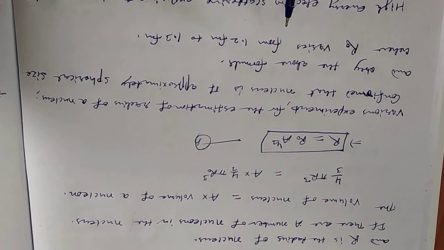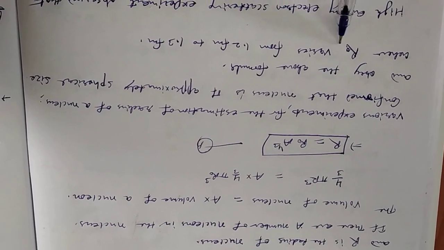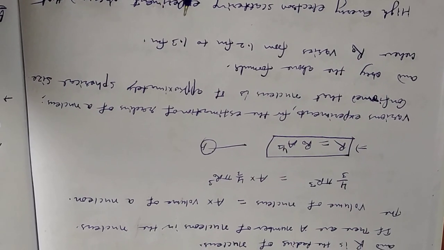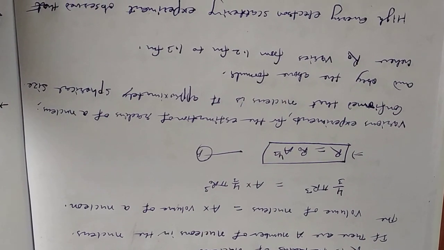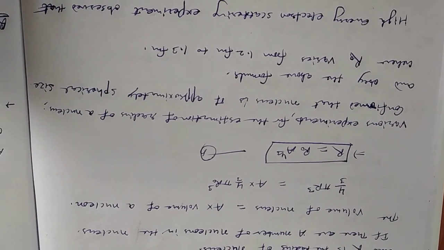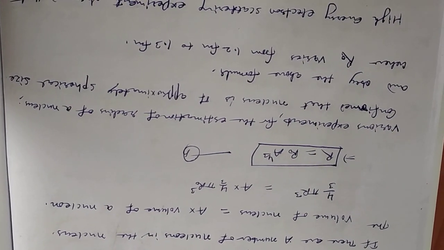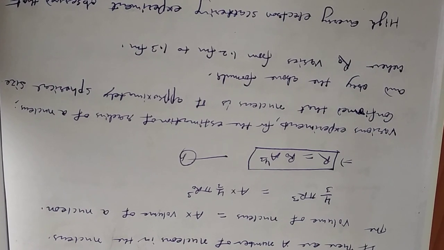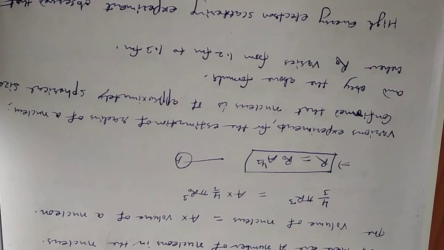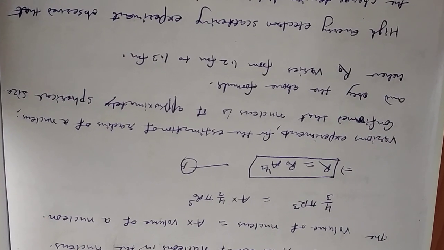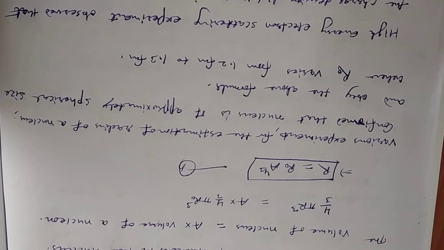From the various experiments, the value of R0 varies from 1.2 Fermi to 1.3 Fermi. Some of these estimates of the radius of the nucleus come from the study of electromagnetic properties of the nucleus, such as alpha scattering and electron scattering.